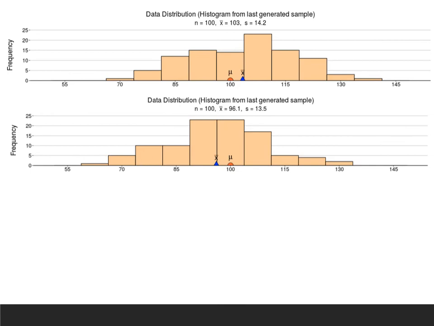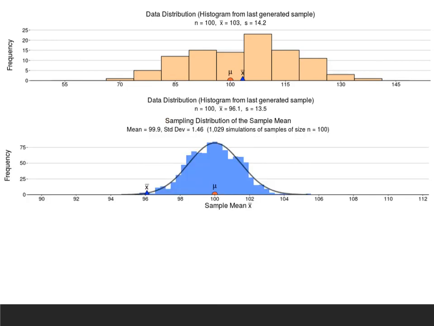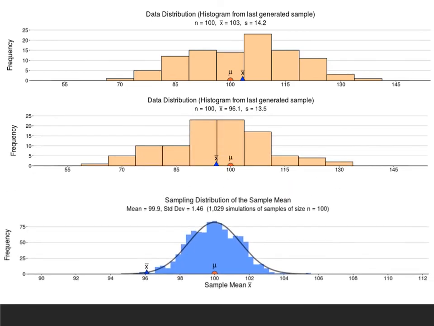Well, I've got one more image or one more file to bring in, and it actually shows just the graph of these sample means for a little over 1,000 simulations of sample size n equals 100. In fact, 1,029 samples.